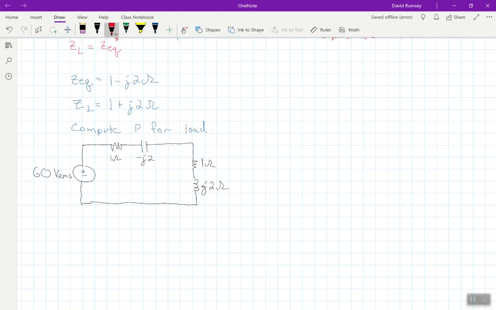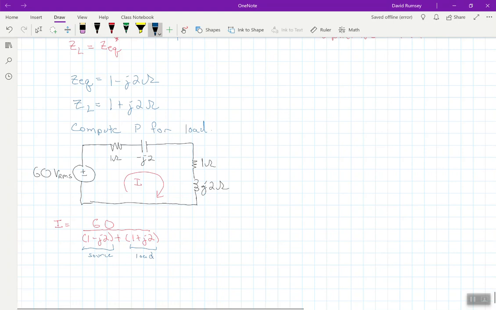Now this is a simple series circuit, and if I do a loop here to compute the current, the current in this case would simply be 60 divided by (1 minus J2) plus (1 plus J2). Now I'm putting these in parentheses to indicate this was my source, and this here is my load.